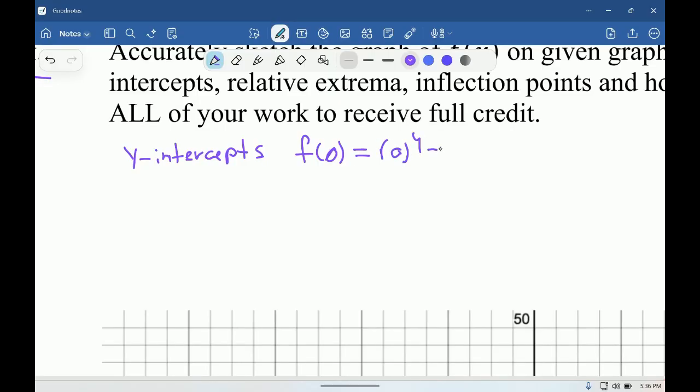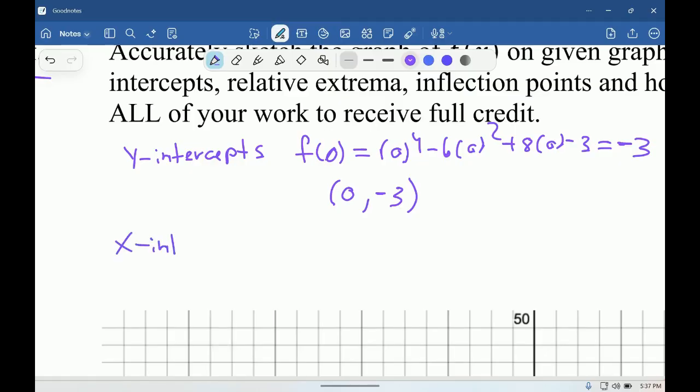So 0^4 - 6(0)^2 + 8(0) - 3 is going to give us -3. So our y-intercept is (0, -3).